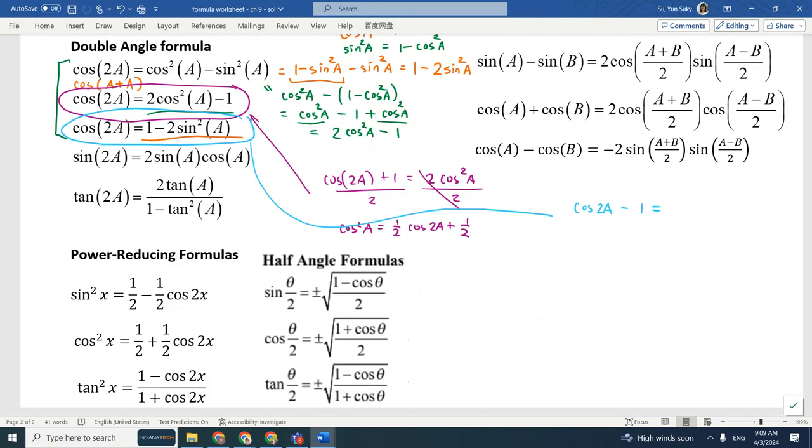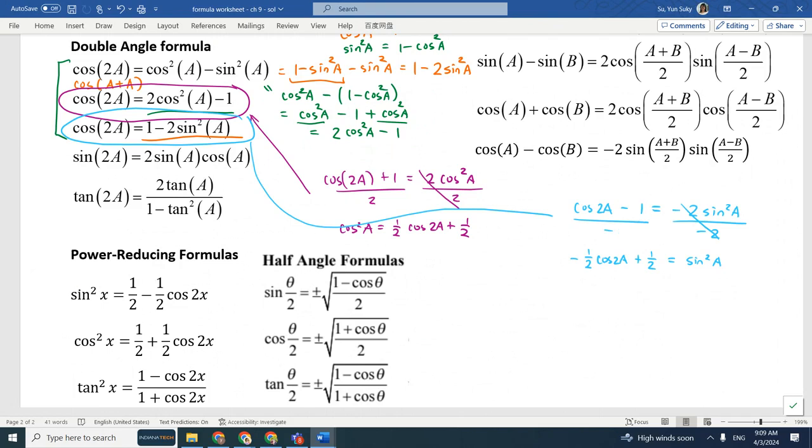You subtract 1, 1 is gone. We have negative 2 sine square. Now both sides divided by negative 2. We get the sine square is negative 1 over 2 cosine 2a, and then negative 1 over negative 2 becomes positive 1/2.